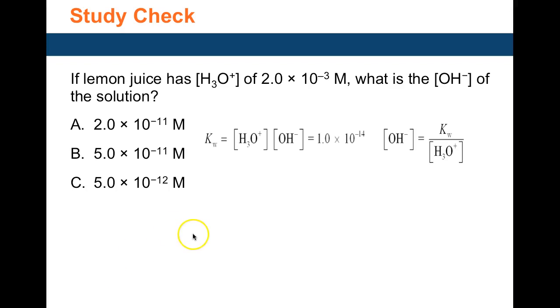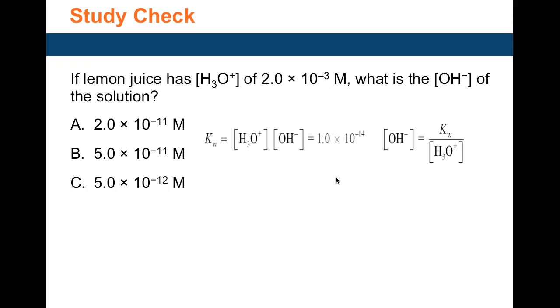Okay, so here in the study check it says if lemon juice has an H3O+ of 2 times 10 power negative 3, what is the OH-? So just take 1 times 10 power negative 14 and divide it by this number, 2 times 10 power negative 3. Okay. All right.